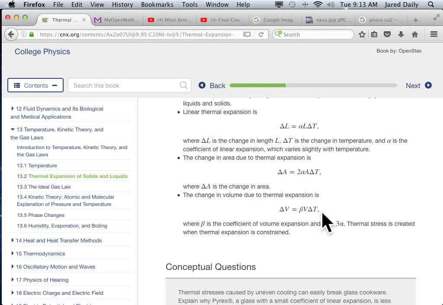I get 3.675 centimeters cubed. So that's definitely smaller than 10 centimeters cubed, right? So just because it got colder, the volume went down by 3.675 centimeters cubed. That's the amount that it contracts.